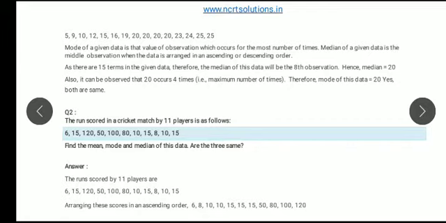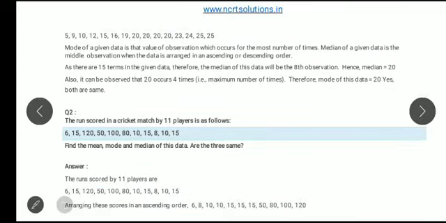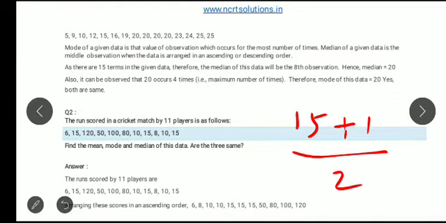Now the median is the middlemost number, and you can see the total numbers are 15. So we will add 1: 15 plus 1 is 16, and then we'll divide by 2. How to find the median? Total number is 15, so 15 plus 1 divided by 2 is 16 by 2, which is 8.